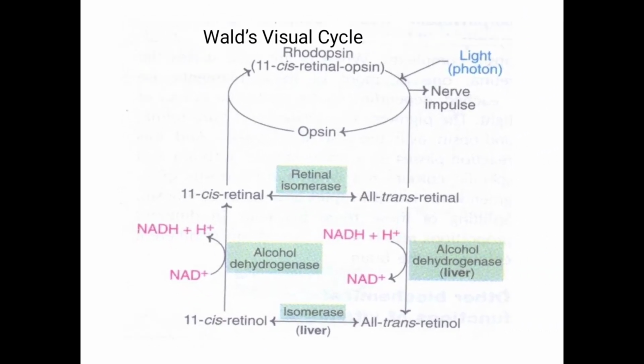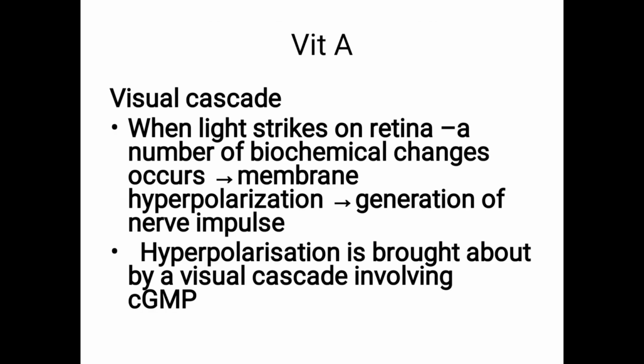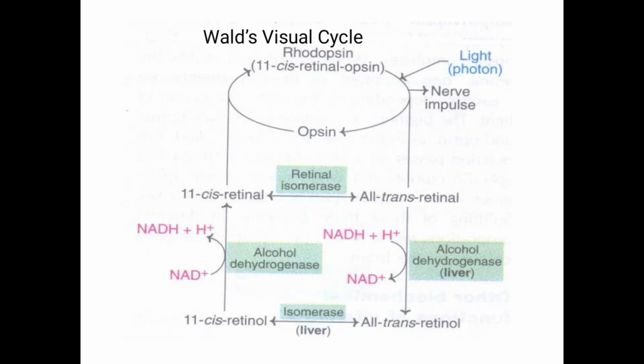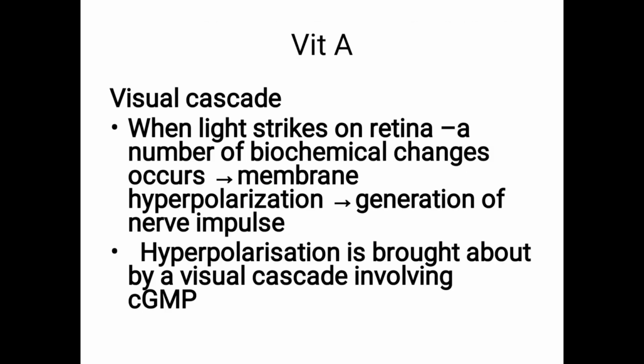How? 11-cis retinal plus opsin is converted to rhodopsin, so rhodopsin is regenerated. This is what we call the Wald visual cycle, and you can write this much. You should just know a little bit of detail. No need to get more confused.